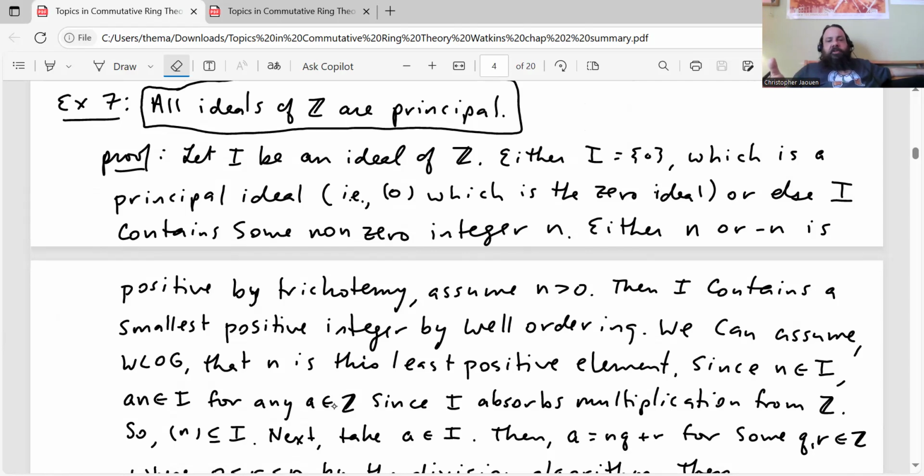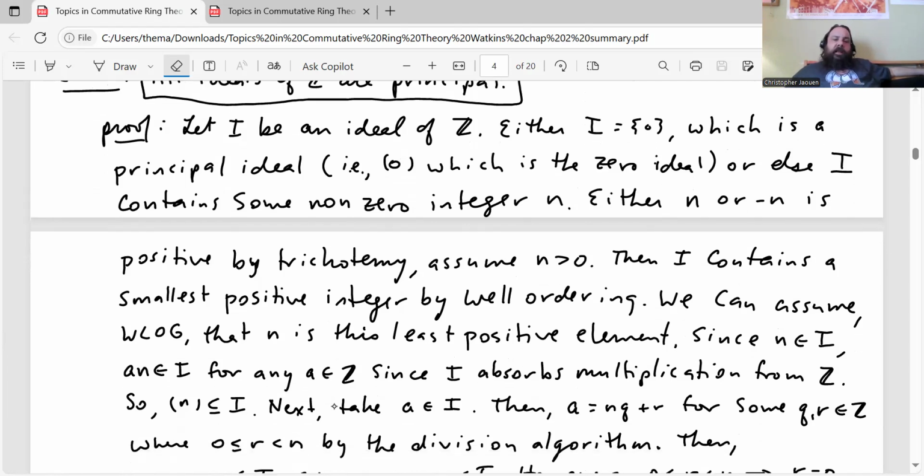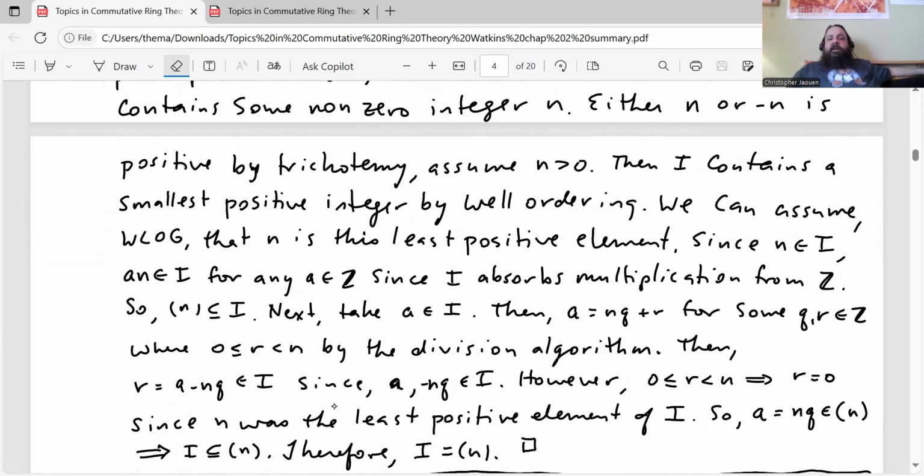So assume without loss of generality that n is the positive one. Then I contains a smallest positive integer by well ordering. We can assume without loss of generality that n is this least positive element. Since n is an element of I, an is an element of I for any a in Z. Since I absorbs multiplication from Z, the principal ideal generated by n is a subset of I.